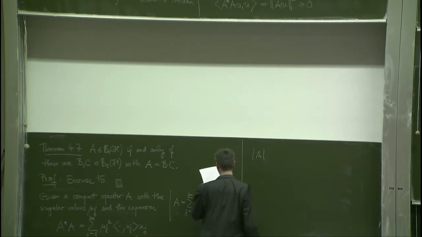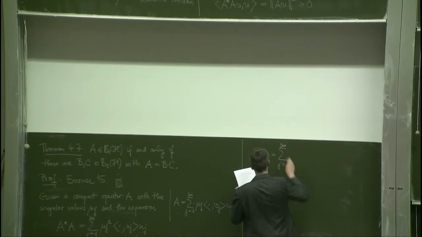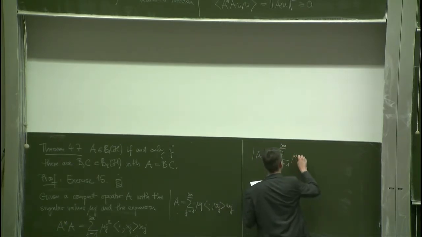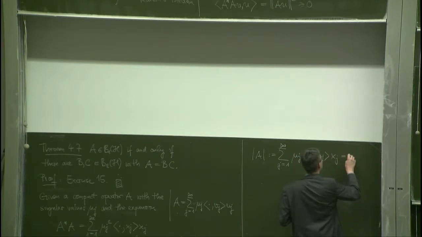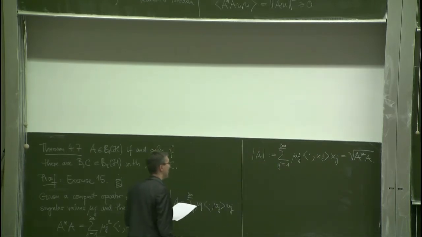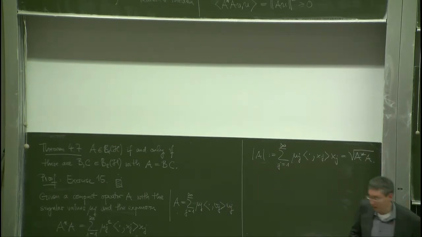The absolute value of A is defined by the sum j running from 1 to infinity, and here we simply take mu_j and the scalar product with x_j times x_j, and you see that this is nothing but the square root of A star A. This is important to know, this notation.